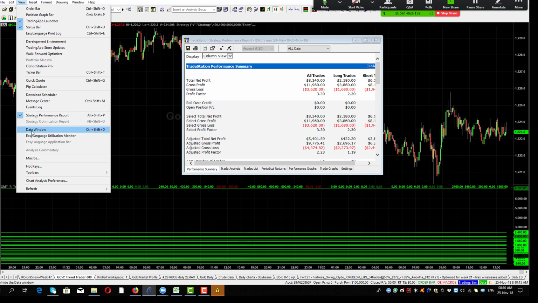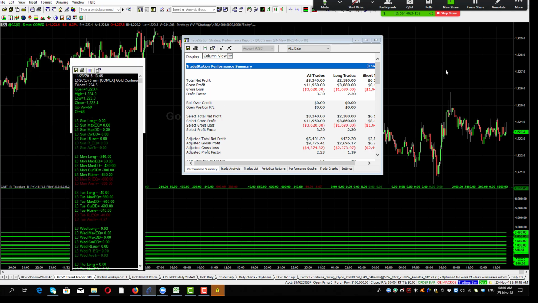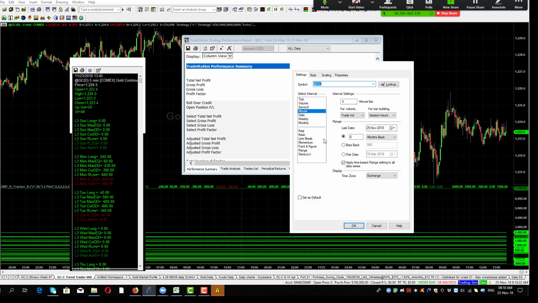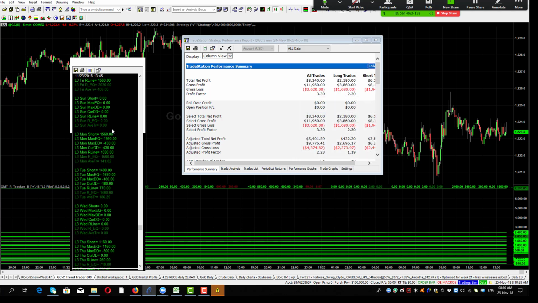So if I look at my data window and I break it down, I've got 6 months of data loaded up here. If I look at my data window, I know that I'm not trading every day, because not every day is profitable to trade. So I've taken out the days of the week that are not profitable.